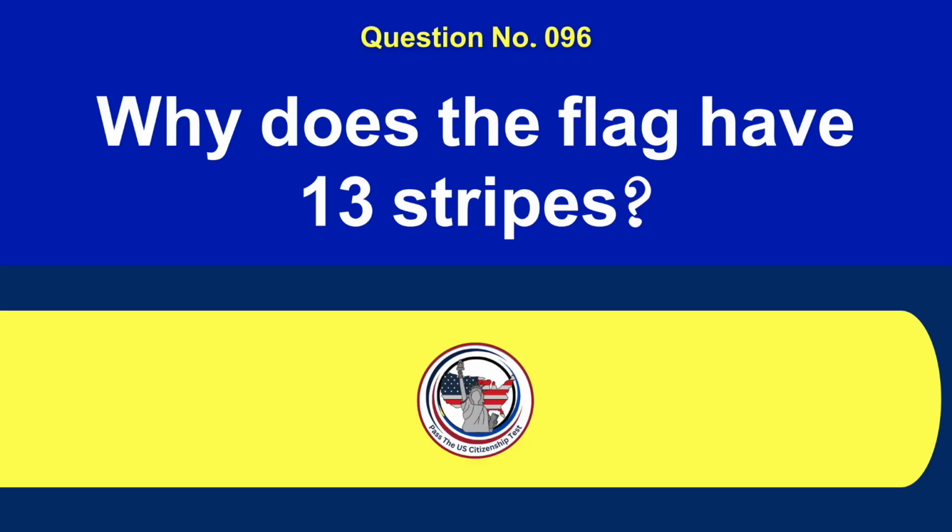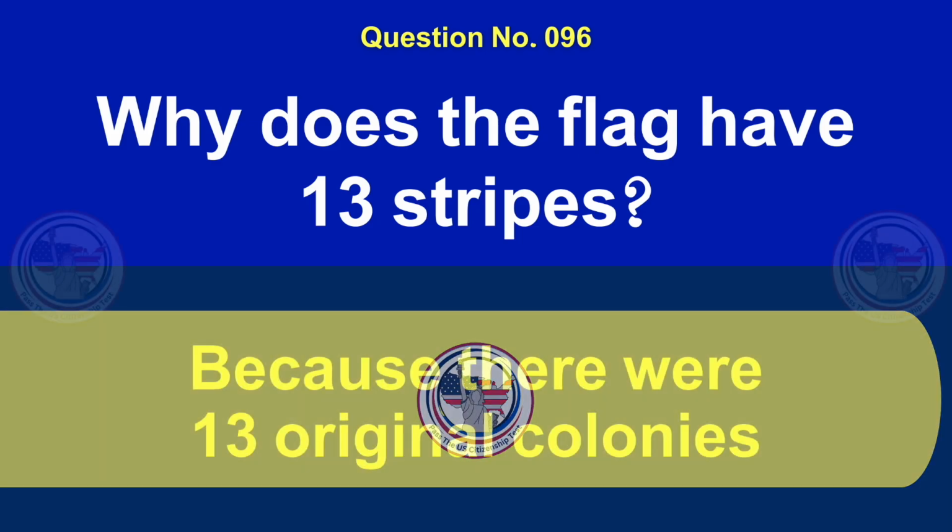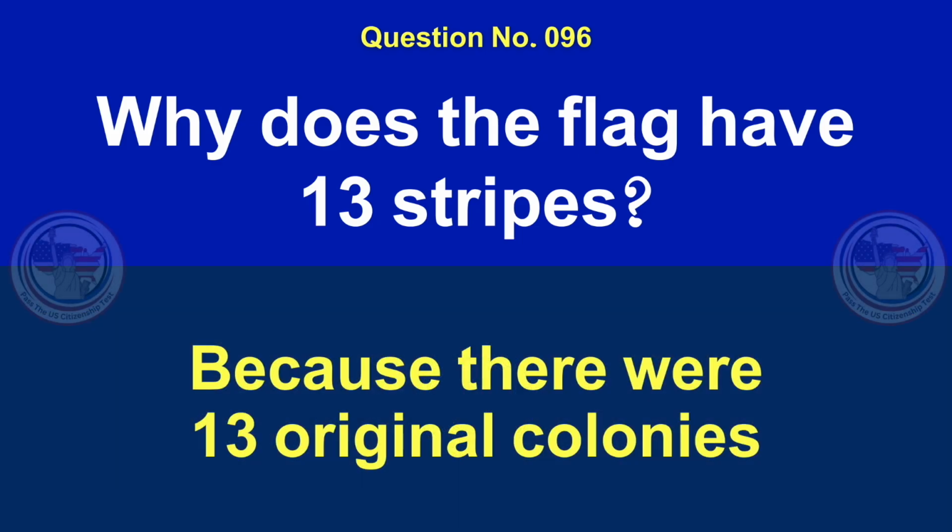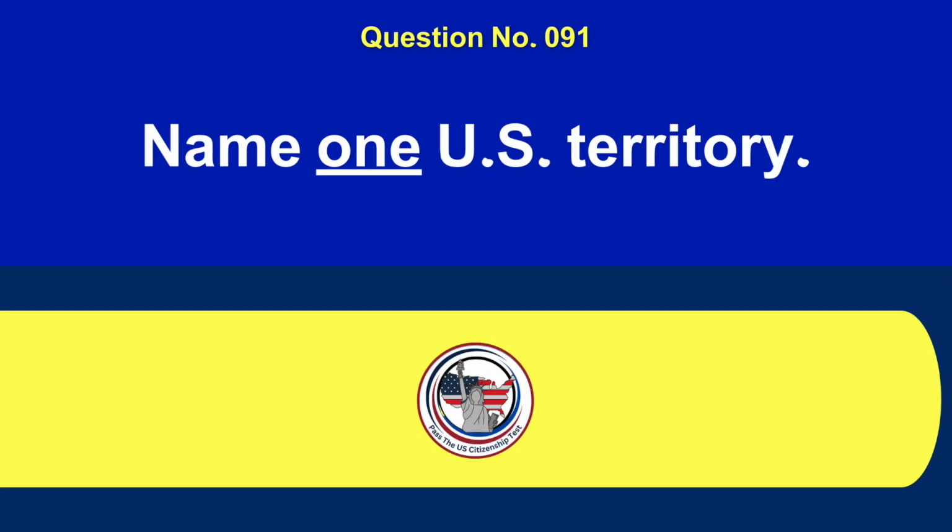Why does the flag have 13 stripes? Because there were 13 original colonies. Name one U.S. territory.